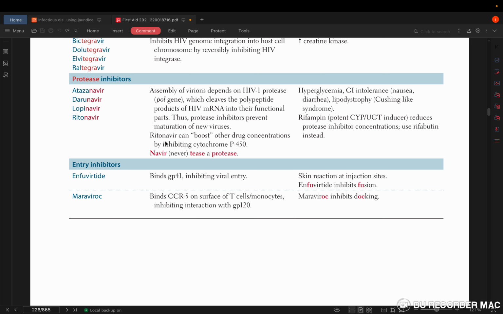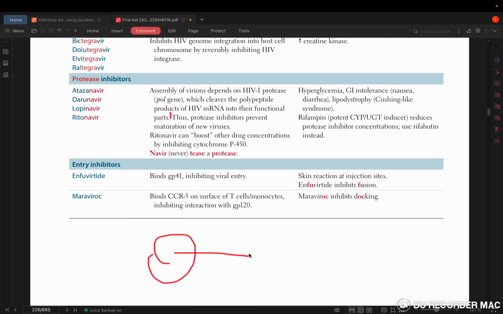So assembly of the virion depends on an HIV-1 protease, which is encoded from the POL gene. Keep in mind that all enzymes of the HIV are encoded from the POL gene, like the integrase, protease, reverse transcriptase. All of them are encoded from the POL gene, which cleaves the polypeptide products of HIV mRNA into their functional parts. Thus, a protease inhibitor prevents the maturation of the new viruses.